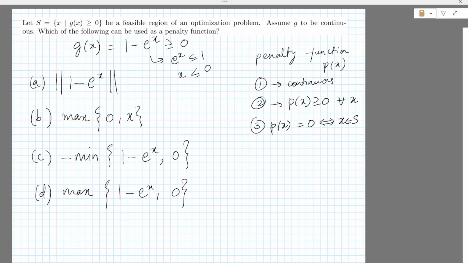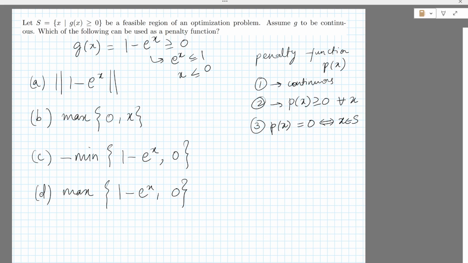Because we are minimizing, we have a plus c_k times the penalty. If a big positive number is added, it is good for us. If x is greater than 0, then this number has to turn out to be positive, and then it is a good function.